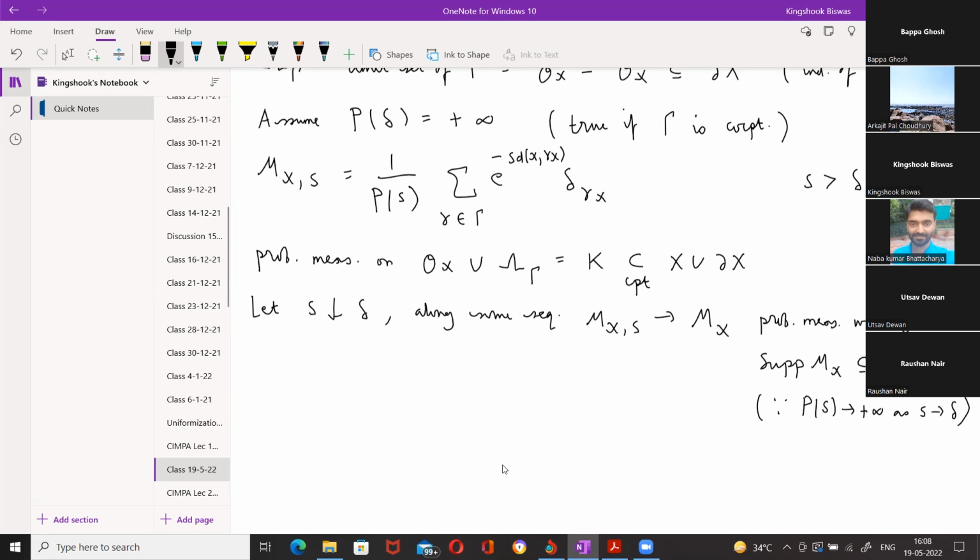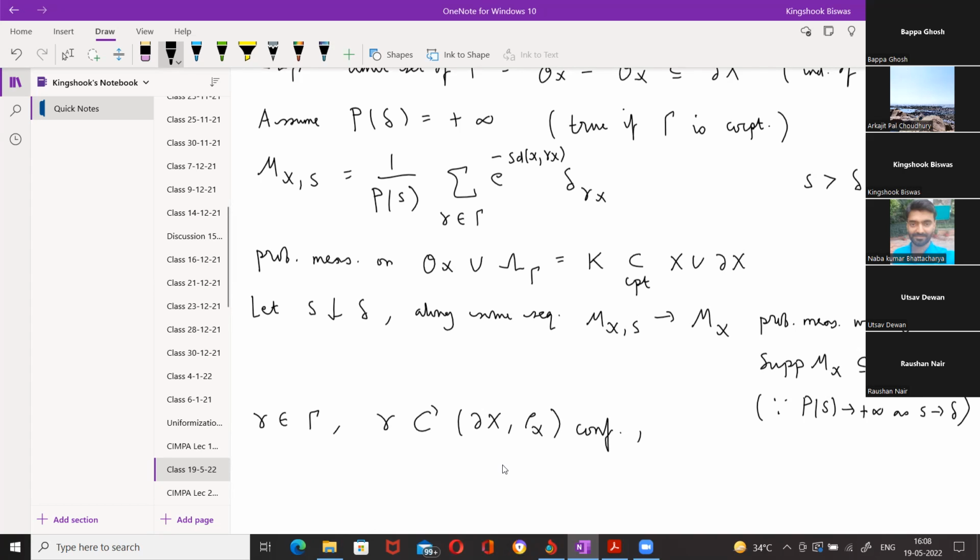Now this measure, I claim this is conformal of dimension delta for the group gamma. Before saying that, I have to say, if I take a gamma in gamma, so if I look at gamma acting on the boundary of x with the visual metric rho x, this is a conformal map.